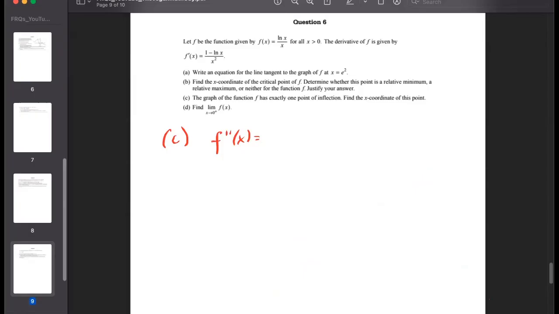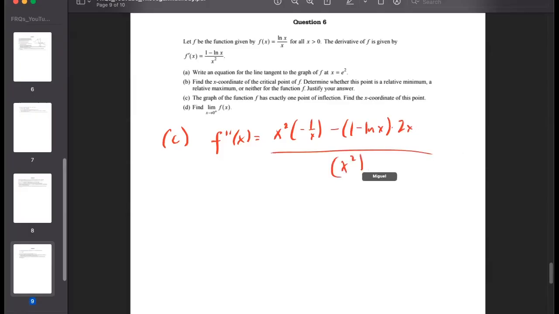And let's see. That's going to be x squared times negative x minus 1 minus ln of x times 2x, all over x squared squared. Okay, let's simplify this a little bit.